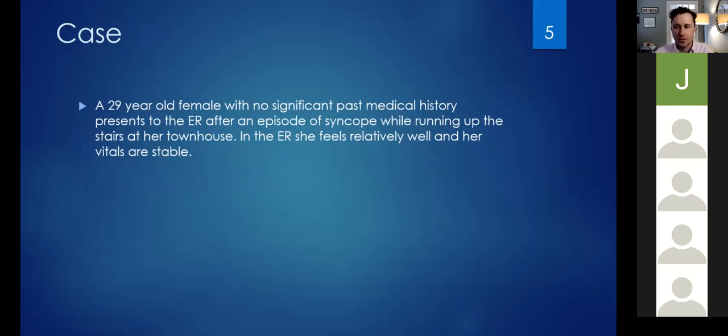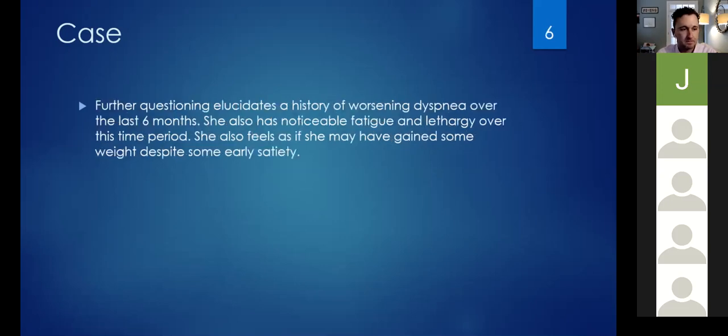Okay, so as is tradition, let's start with a case. We've got a 29-year-old female with no significant past medical history who comes to the ER after an episode of syncope while running up her stairs at her townhouse. In the ER, she says she feels okay and all of her vitals are stable and within normal limits.